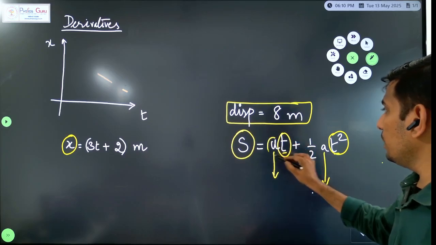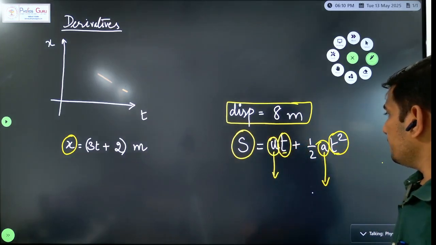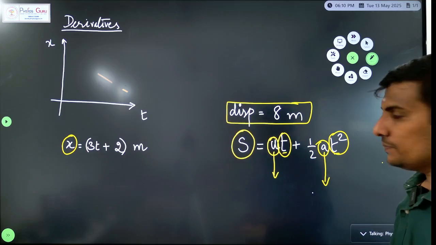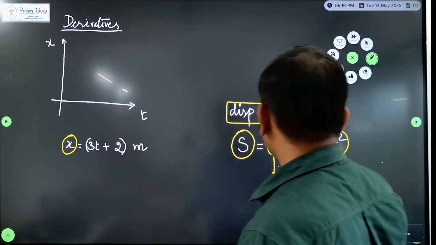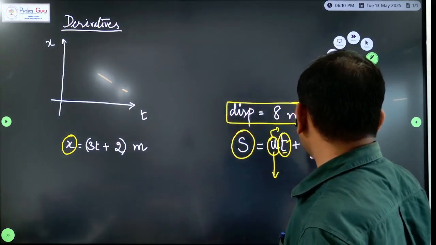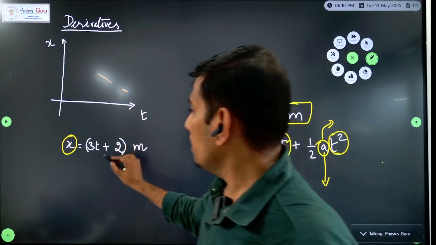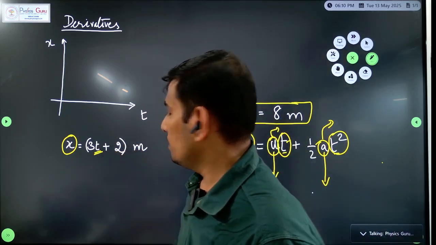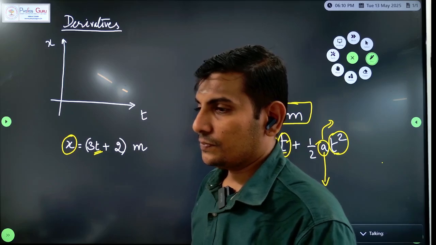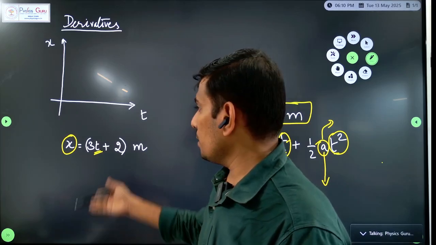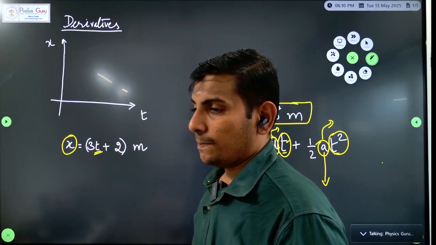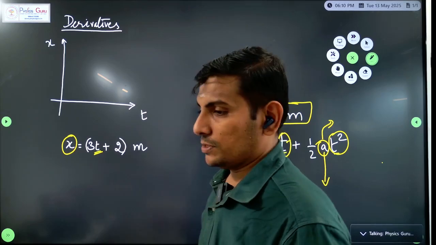Of course, these two values are constant. So the only variable here is t. In this case, I am not including any other factor. I am straight away taking only one variable, that is t. Got it? So this is another way of expressing the displacements.